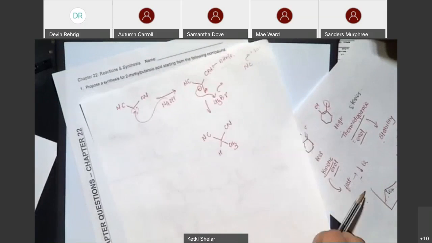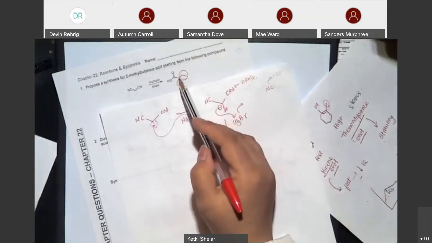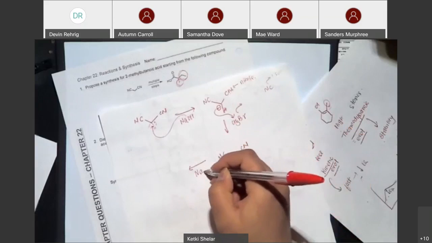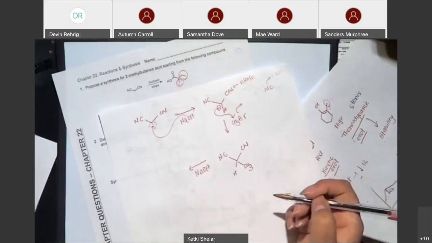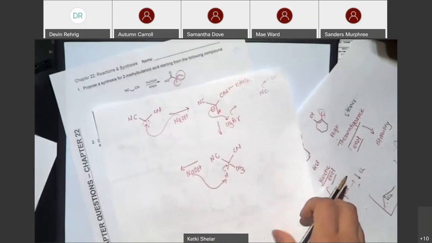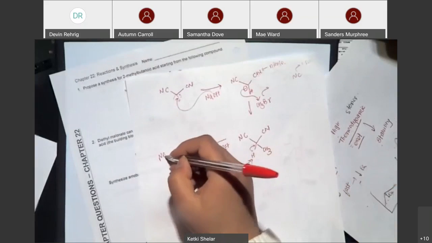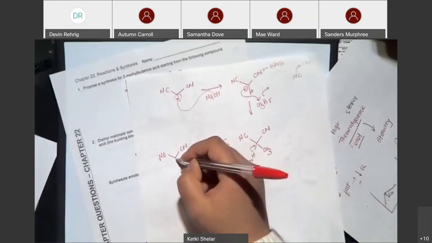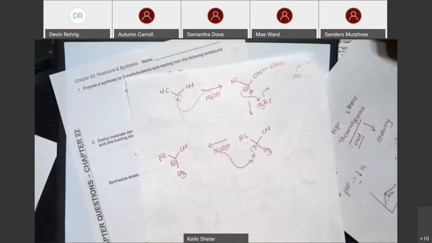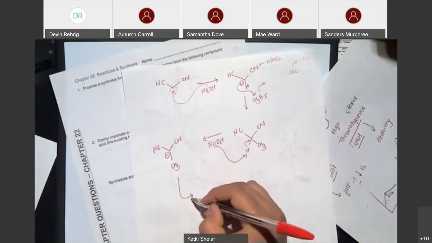What is the next reagent? The next reagent is this ethyl. So you will again undergo this reaction with sodium ethoxide, which will pluck this hydrogen and form an anion. This anion is formed. The next step is addition of another group.